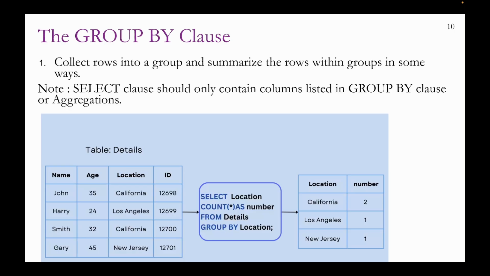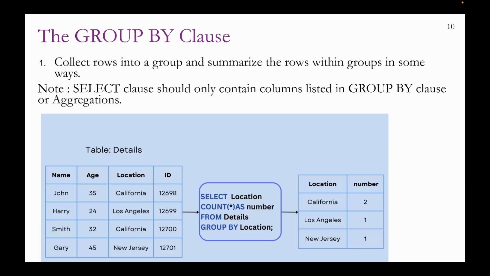After group by we need to aggregate, and these aggregations are written in the select clause as seen in our example: select location, count(*) as number from details group by location. One more thing to keep in mind is that the select clause will only contain those column names which are in group by, and any aggregations.